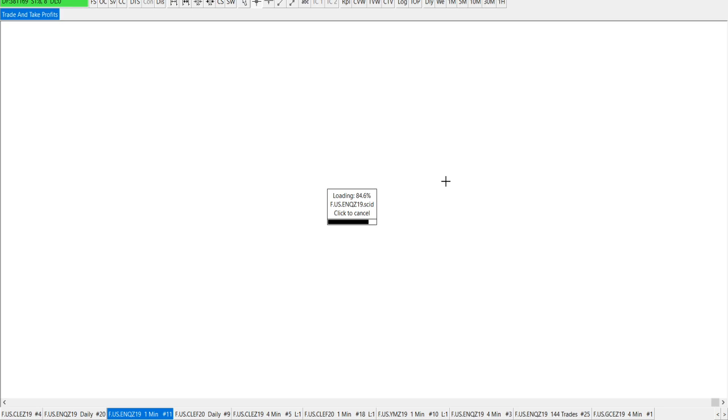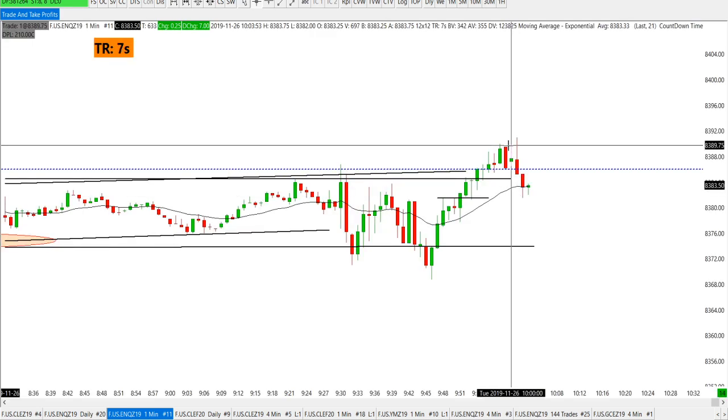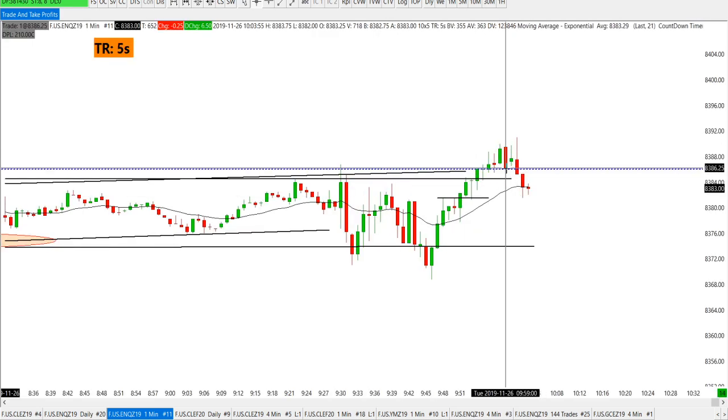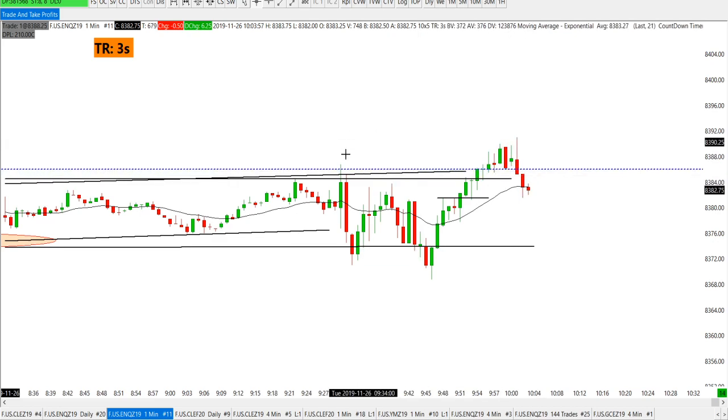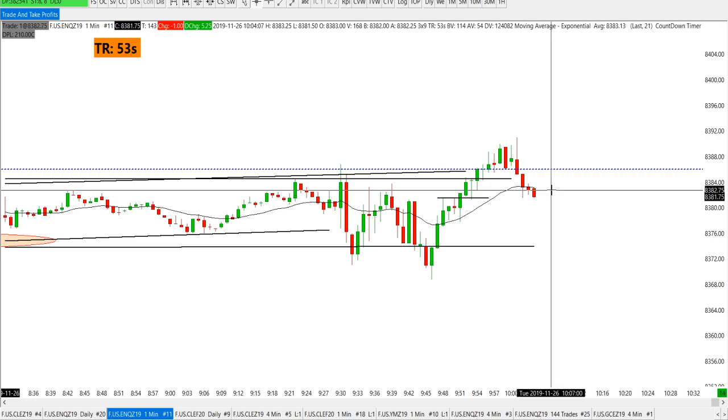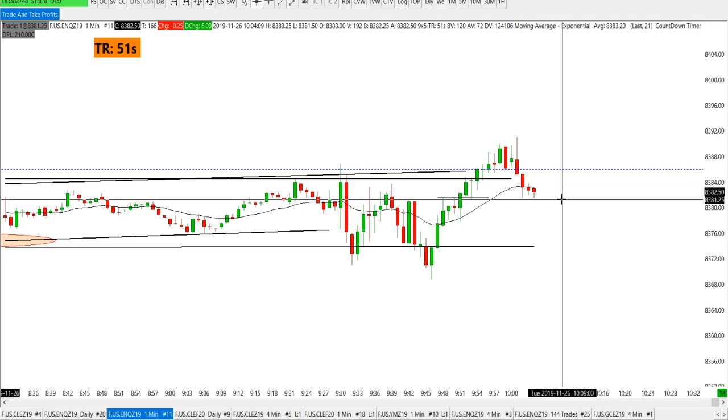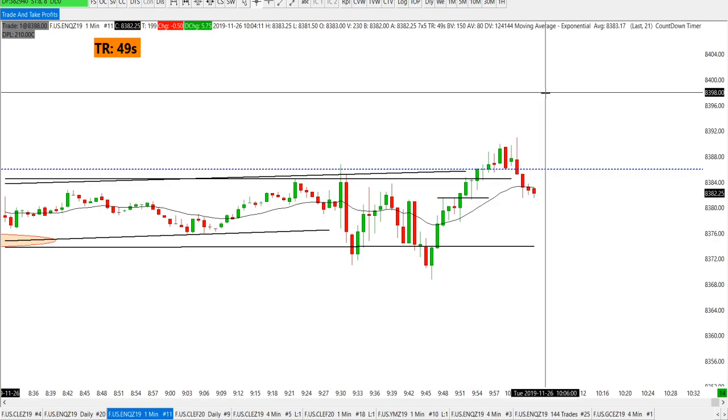Okay. This buy right here, we were above the resistance. If I buy right here, we're pretty much right at the resistance. I really don't want to do that right now, so I'm looking for a possible sell situation if it keeps going down.